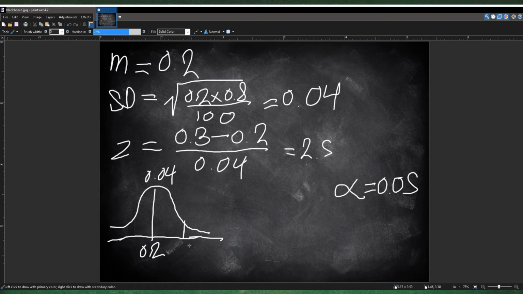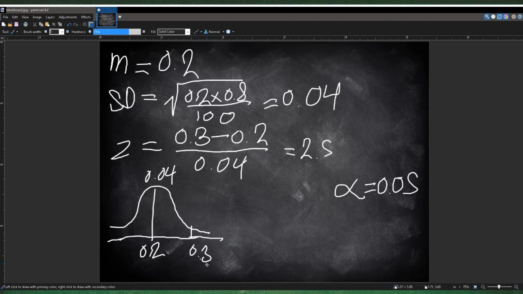If you think about it, one standard deviation is 0.2 plus 0.04, which is 0.24. Two standard deviations is 0.28, and three standard deviations is 0.32, which is just a little more than p hat. So it's like right here.